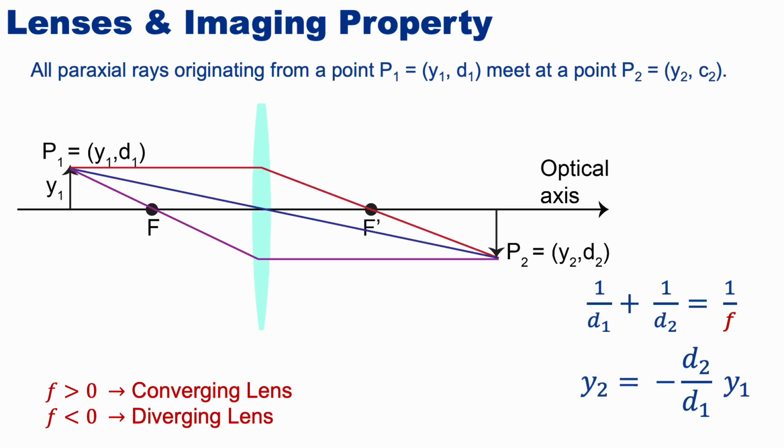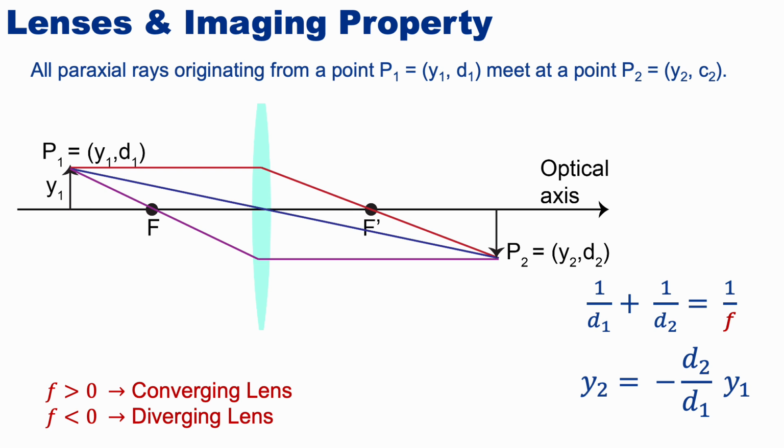So we're gonna estimate the image through a lens that we assume is a thin lens. We know that D1 and D2 are conjugated planes. If we have an object at D1 with a height Y1, we can qualitatively estimate the image by tracing the rays. Here again are the 3 rays: the one that goes parallel to the optical axis, then meets the thin lens, and goes through the back focal plane.